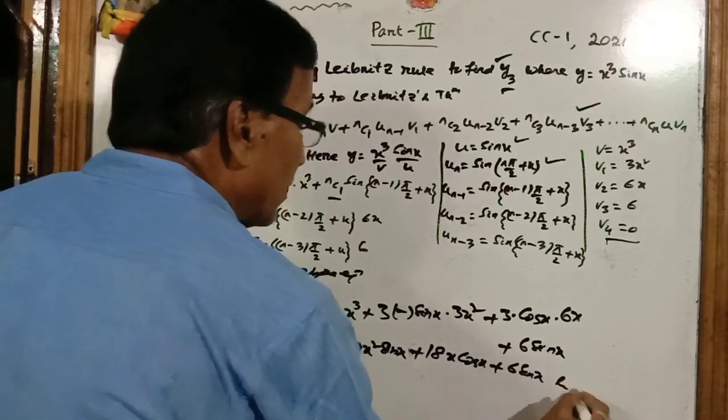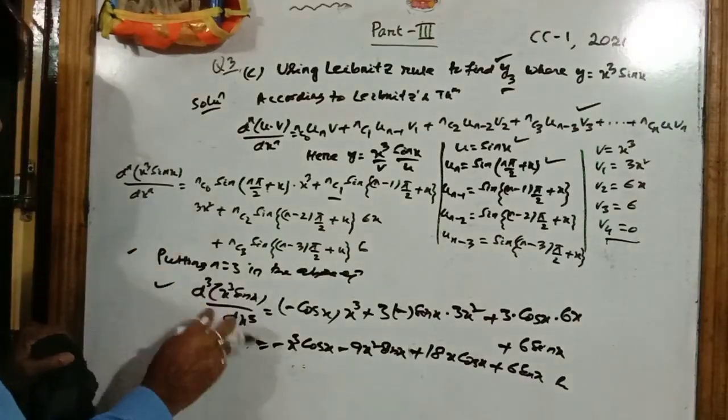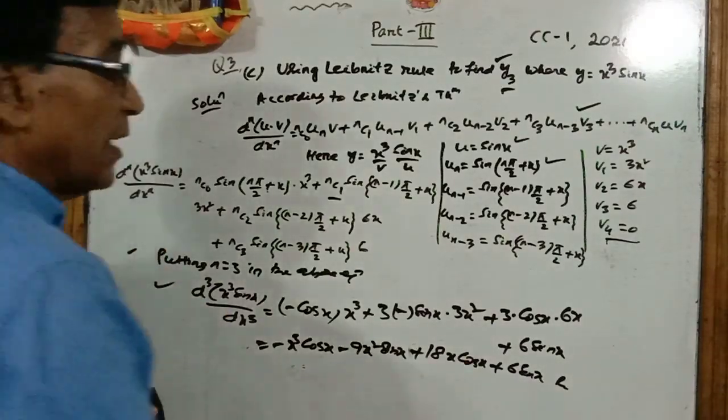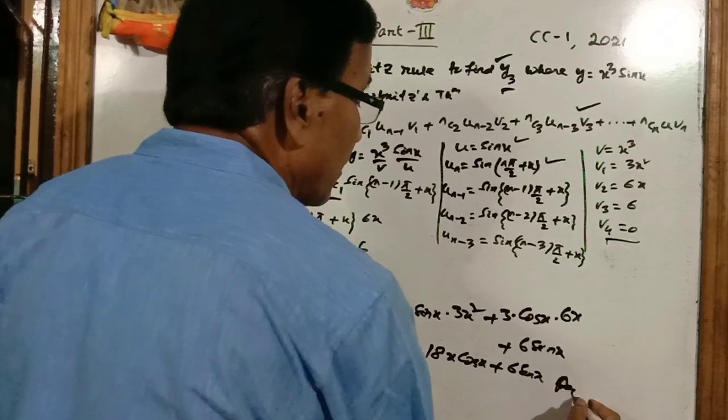So this is the third derivative of x cube sin x. This is the answer.